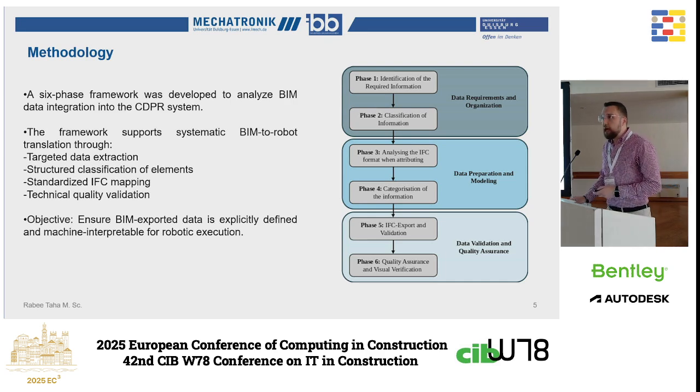This framework supports and enables systematic BIM to robot translation through 4 key points: targeted data extraction, structured classification of the different elements, a standardized IFC mapping, and technical quality validation. All of this, of course, with the objective being to ensure BIM exported data is explicitly defined and machine readable and interpretable for the automated execution.